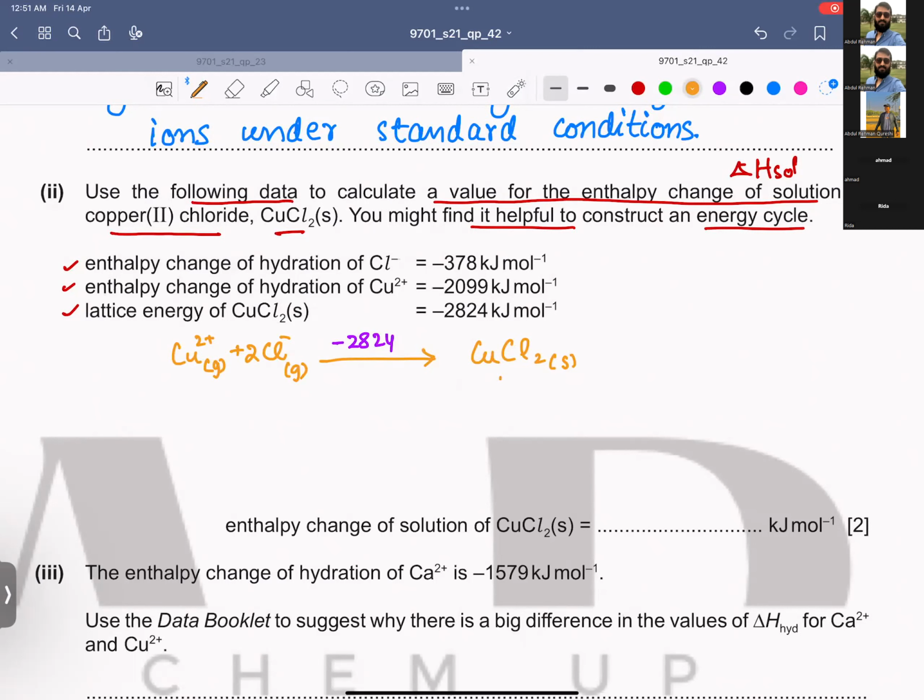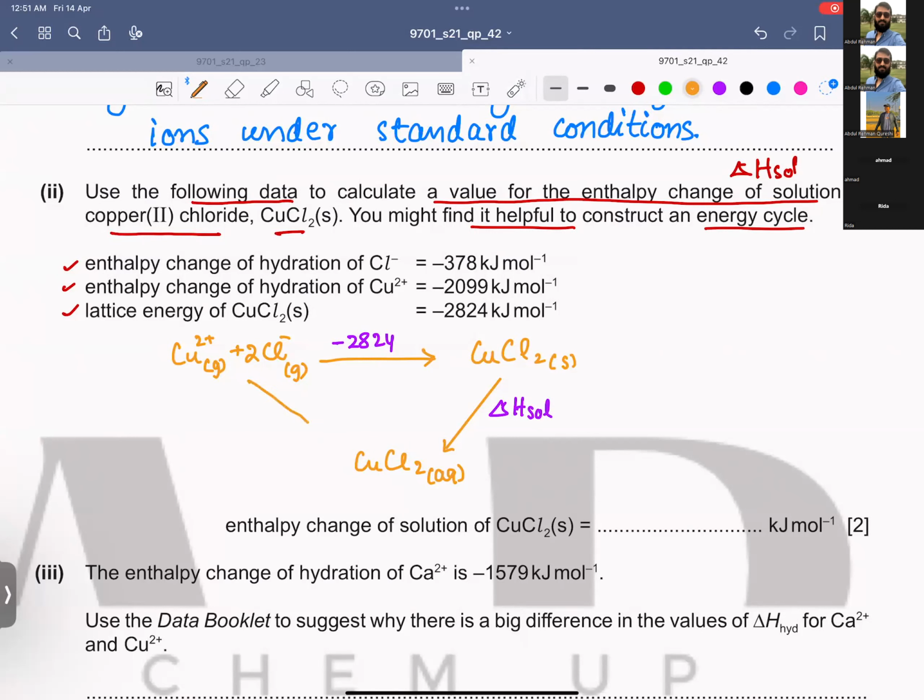So on dissolving this copper chloride, we would get the aqueous copper chloride. That is the enthalpy change of solution, and that's what I have to find, right?